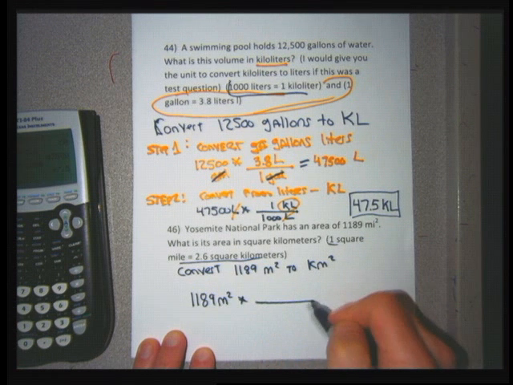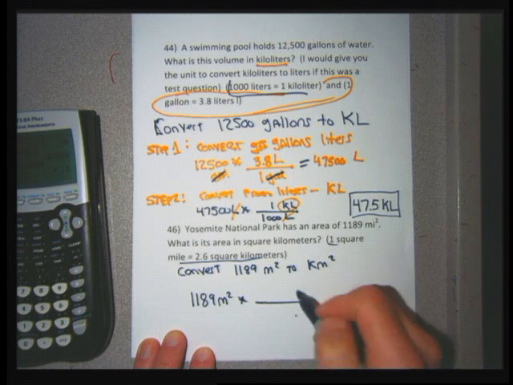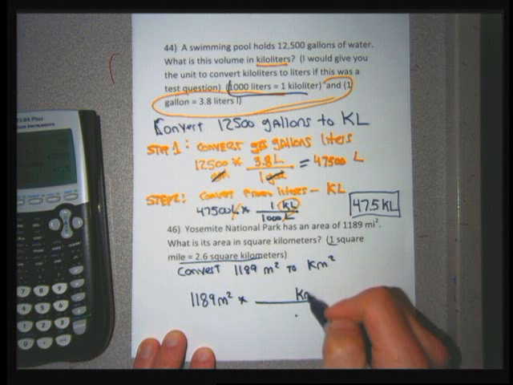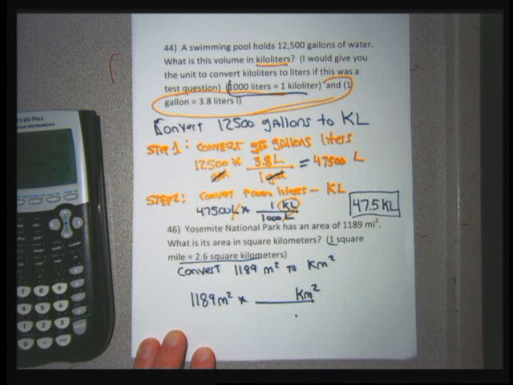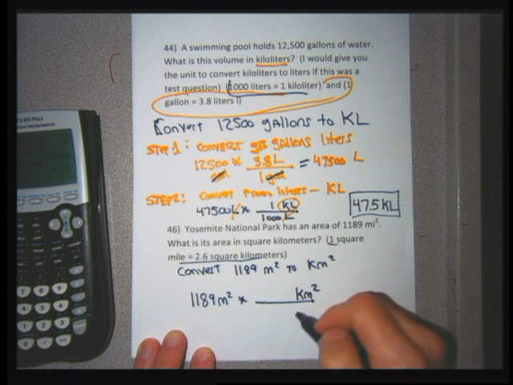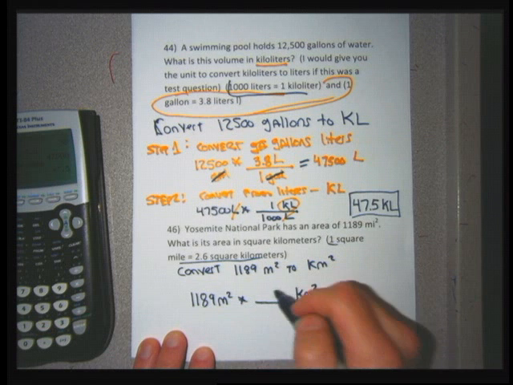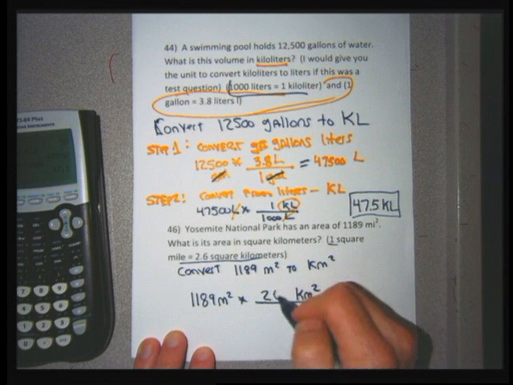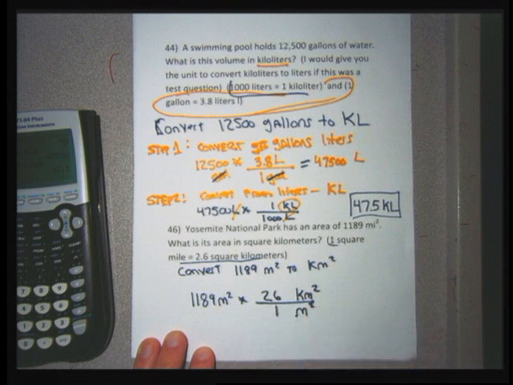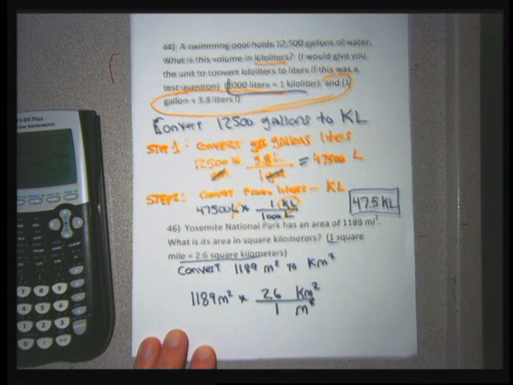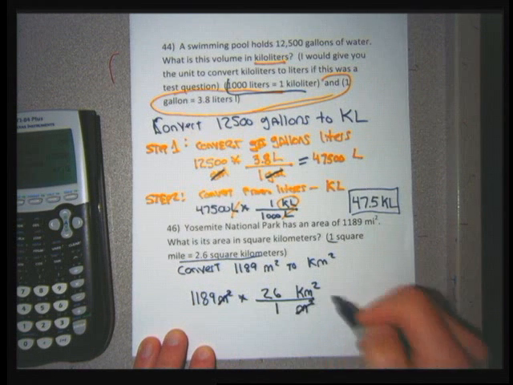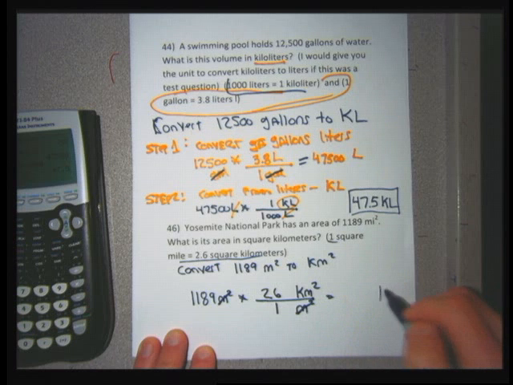In the denominator, it's what I want to get rid of. In the numerator, it's what I want. I want square kilometers, which I'm going to write with a km with an exponent of 2. In the denominator, I'm going to put miles squared because that's what I want to get rid of. The author gave me that 2.6 square kilometers is 1 square mile. The miles are going to cancel, and I'm going to be left with kilometers squared.